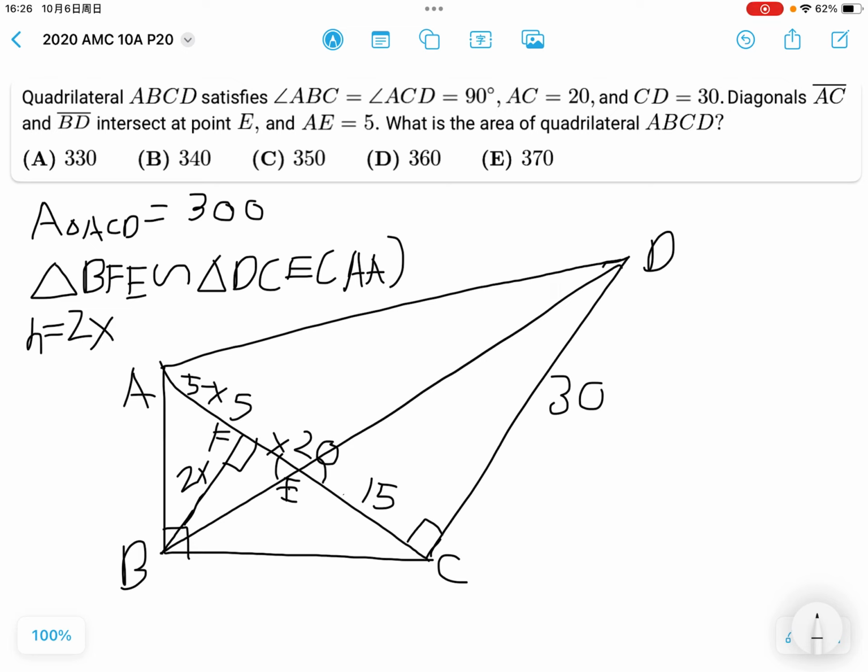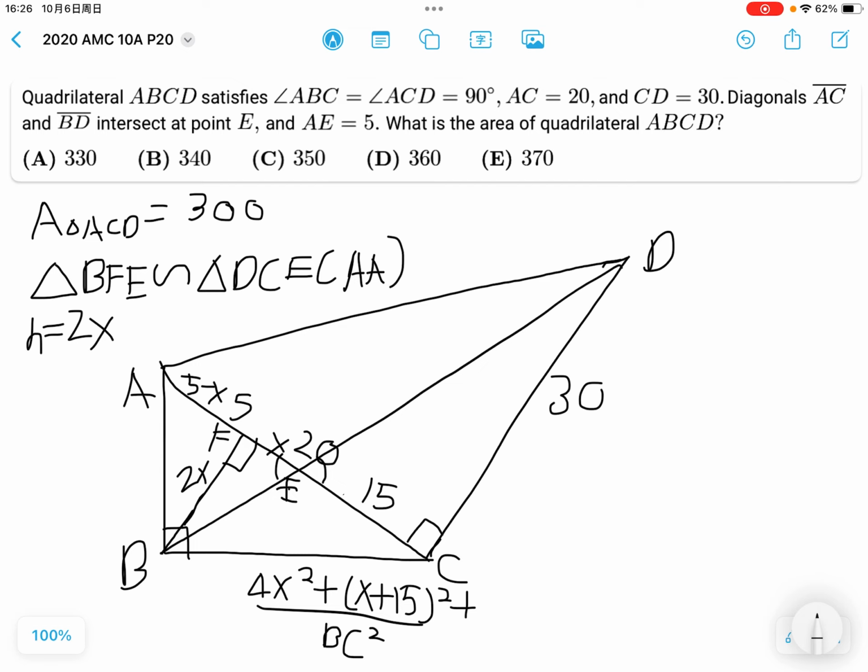But we can try and list out some equations. For example, we know that 2x squared, or 4x squared, plus x plus 15 squared is BC squared.